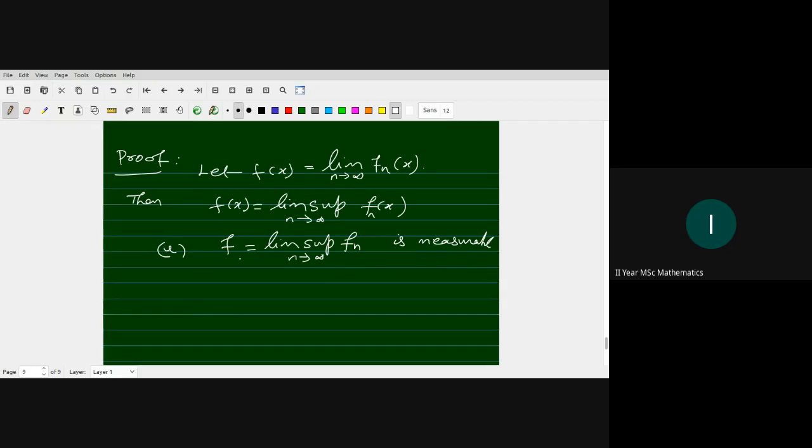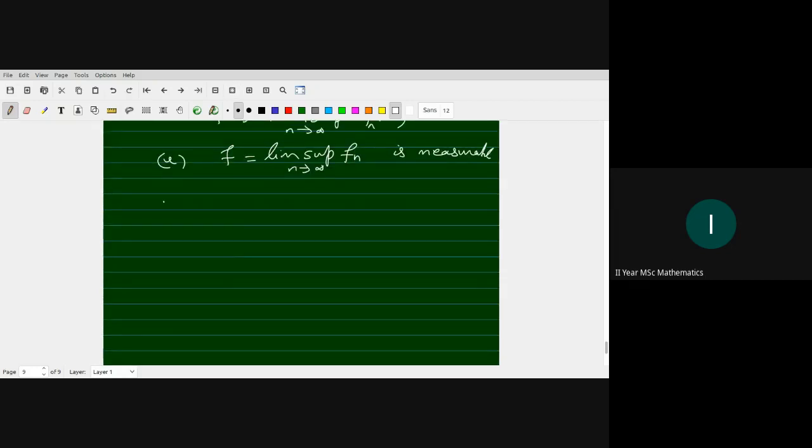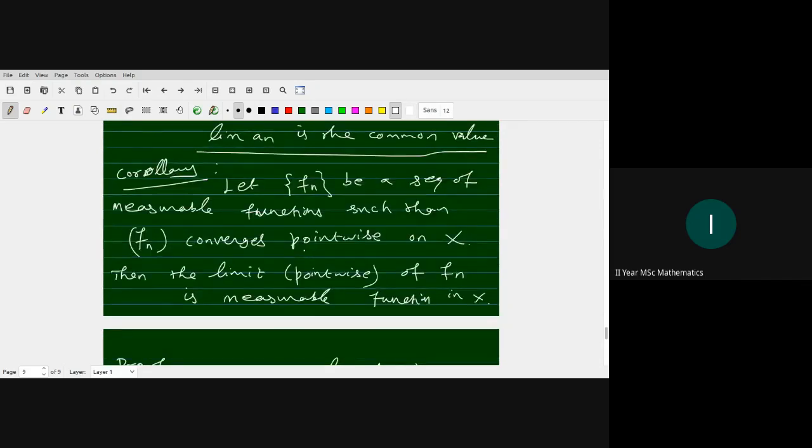So f is measurable. The corollary says that the pointwise limit of a sequence of measurable functions is measurable. That is the statement we understand from the previous corollary.